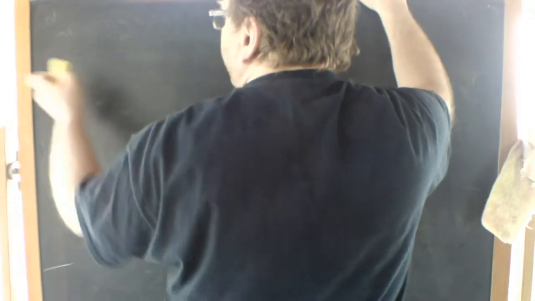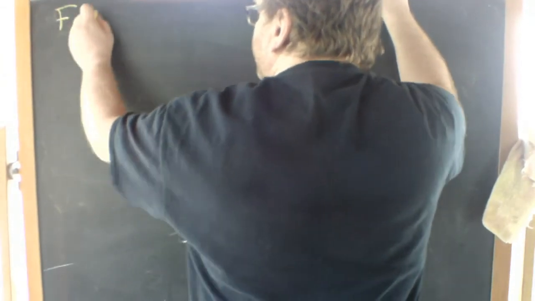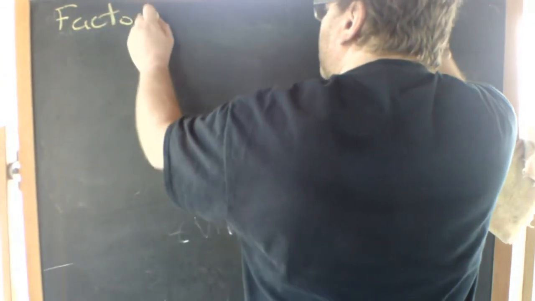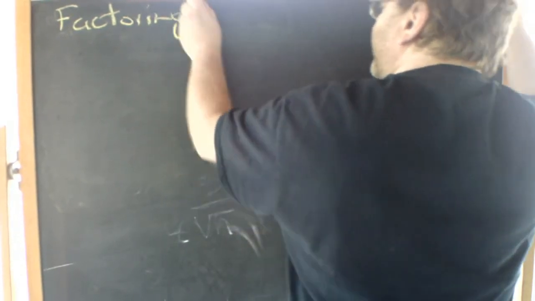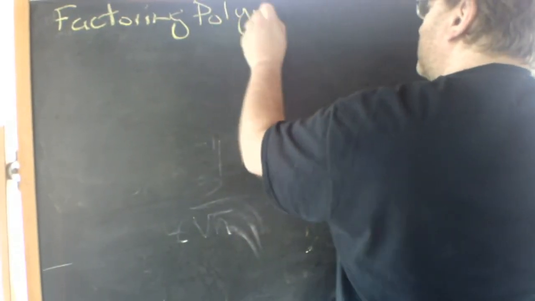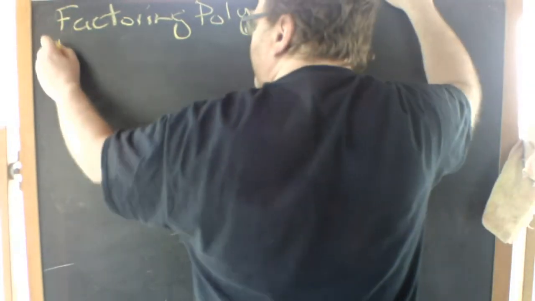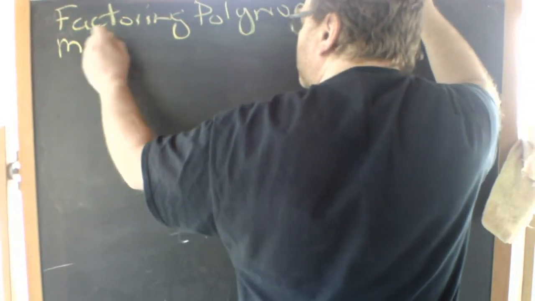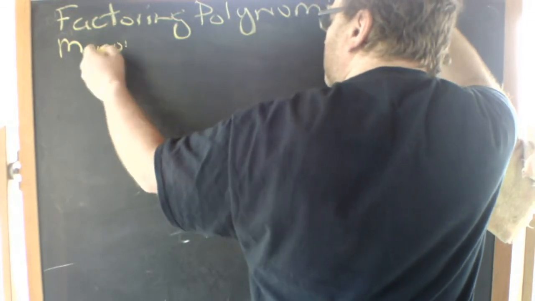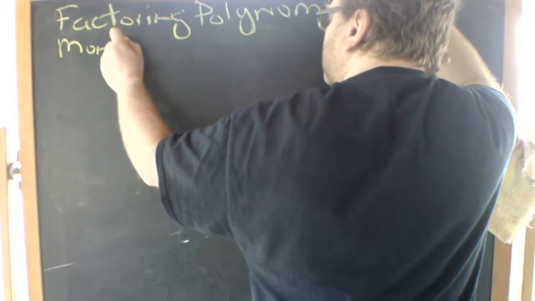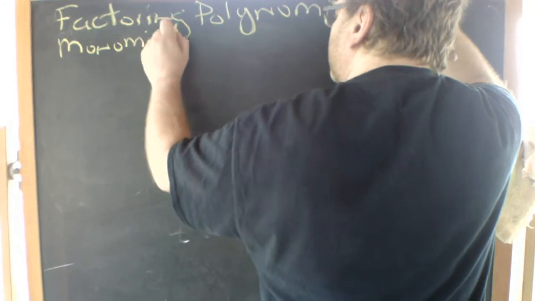So, in general, this idea is called factoring polynomials. And our first focus will be on monomial parts.